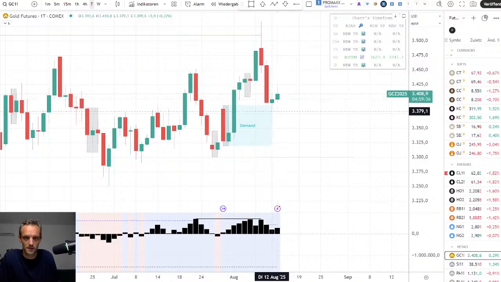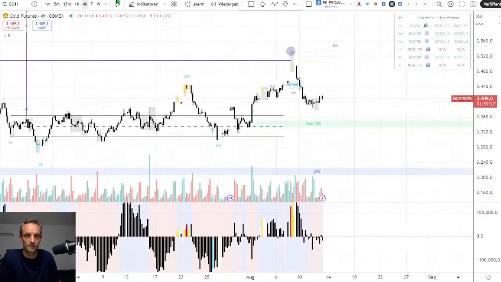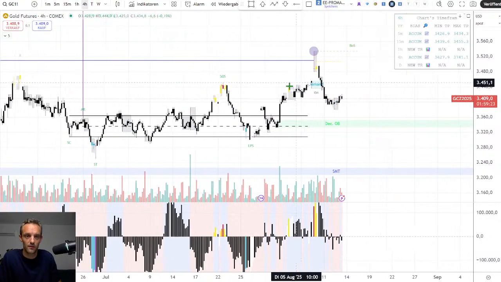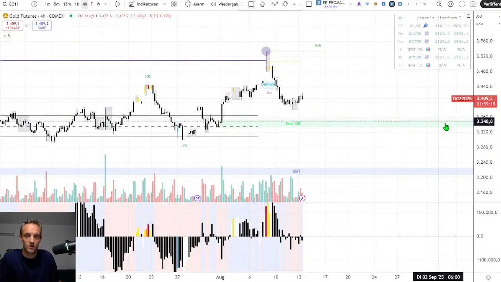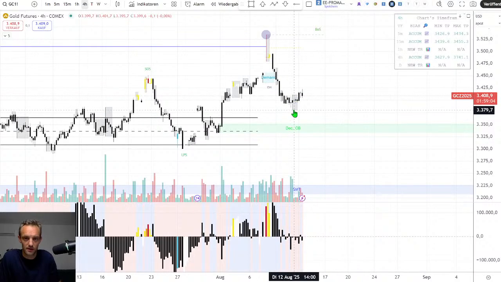Of course, once they fail yesterday's low, 12th of August, this thing is not valid anymore. We went below the demand on the 4-hour chart. So what we can do here, from my point of view, we might see here a reversal to the upside, another try to execute on the long direction.